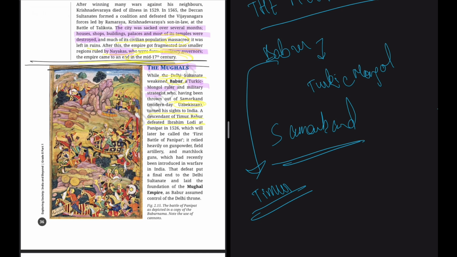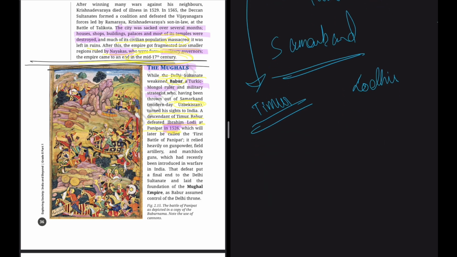Babur had defeated Ibrahim Lodi at Panipat in 1526. We have seen that the dynasty in the Delhi Sultanate was the Lodis, and Babur defeated Ibrahim Lodi at Panipat in 1526.